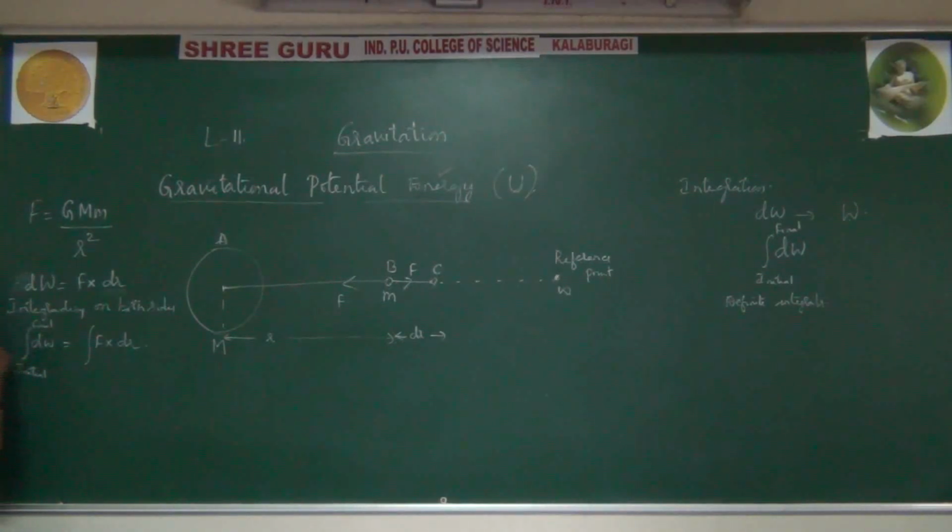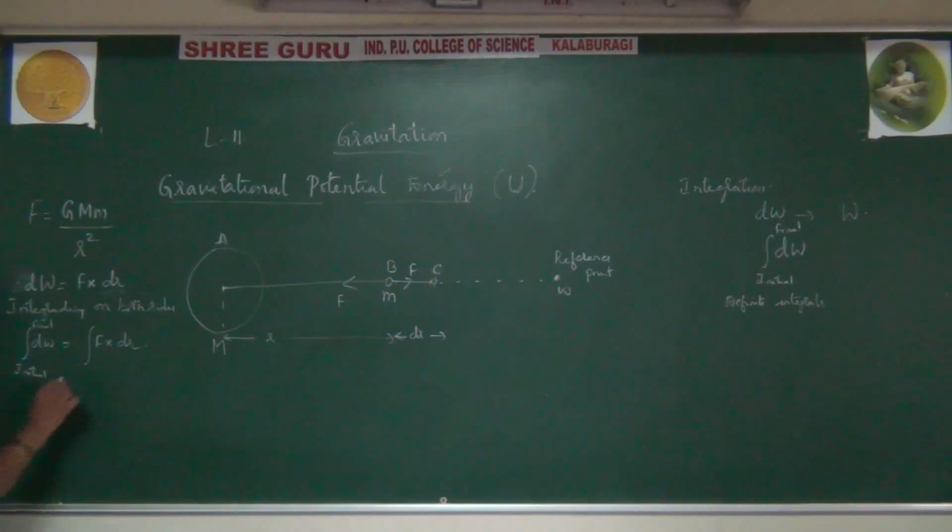Always remember the initial point. Where is that object? The object is at some point with reference point, and you are bringing it to some point. So you have to take it as initial point to final point. Right? Now let me say what F is. F is nothing but G M m by r square. Let me substitute in this.